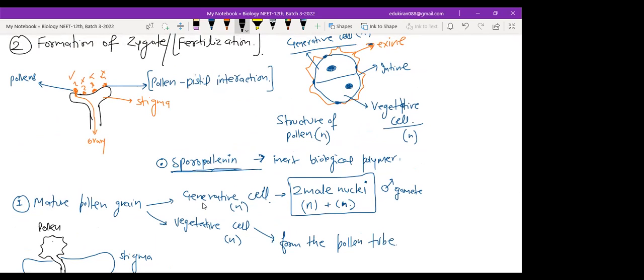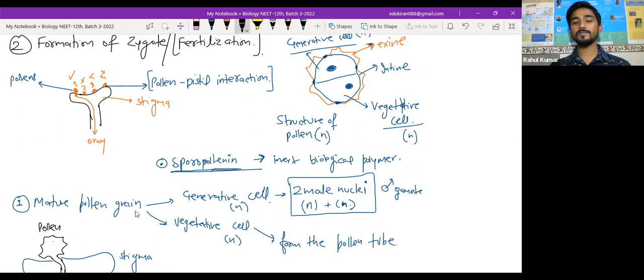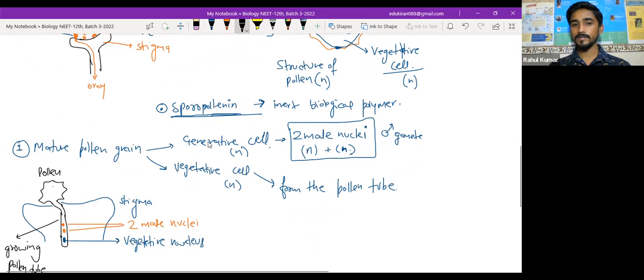Yes, I was telling you, in a mature pollen grain, there are 2 cells present. One is the generative cell and the other is the vegetative cell. And then I asked you to make this diagram. So this generative cell, okay, write down.